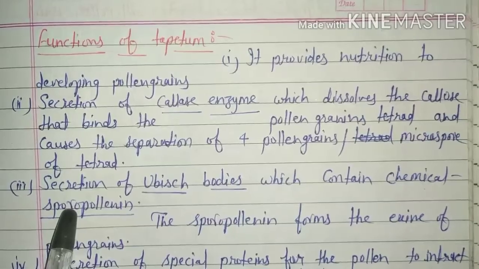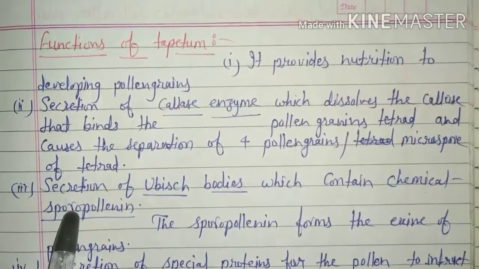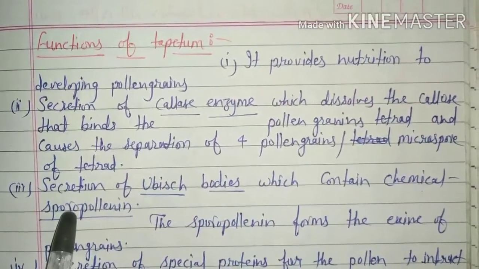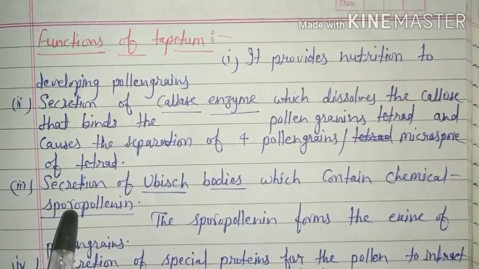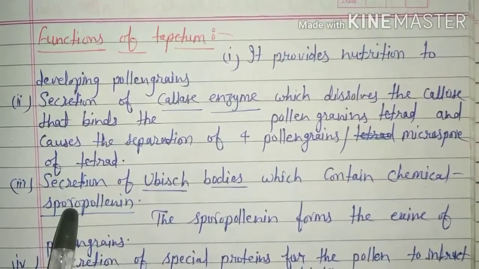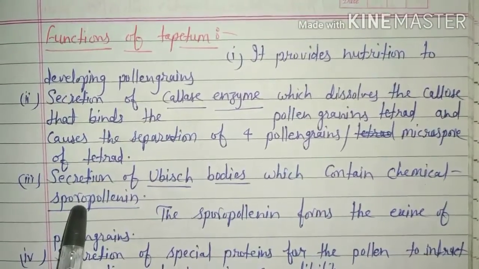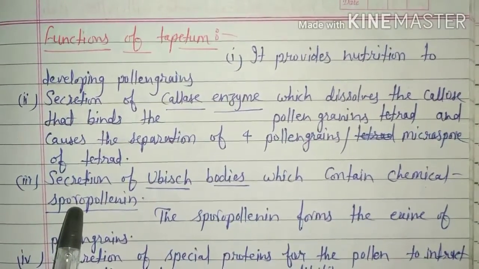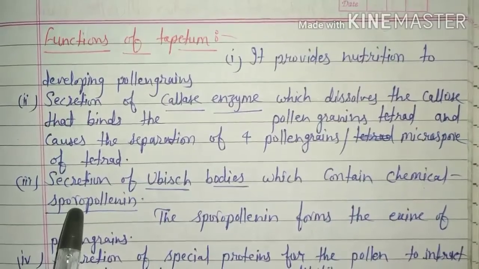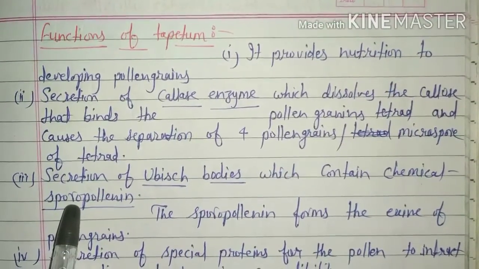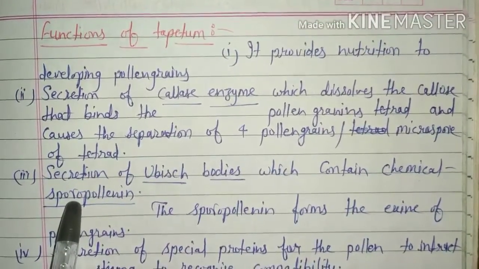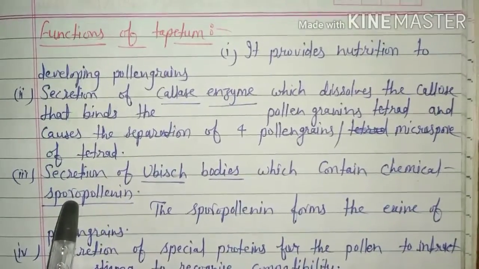So, it has been observed that if the cells of the tapetum degenerate prior to the formation of microspores or pollen grains, then the pollen grains fail to attain maturity and may become sterile.